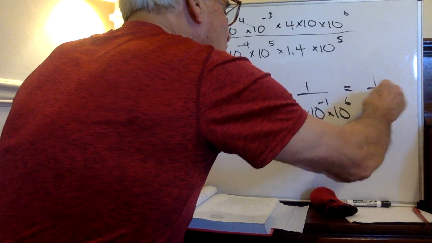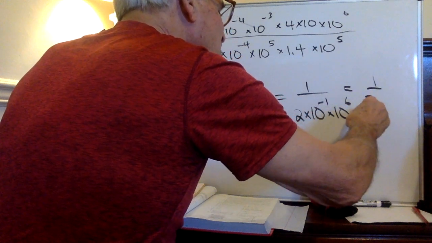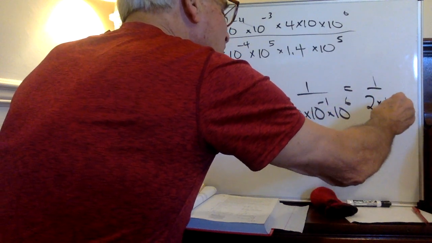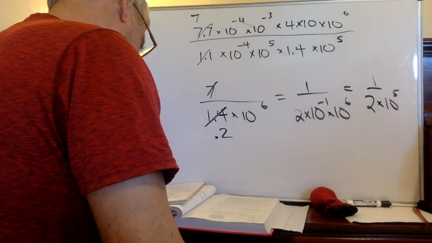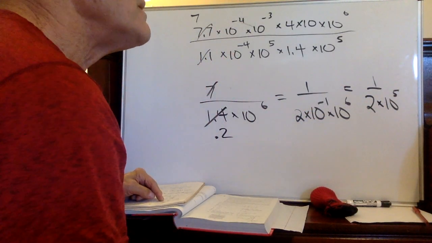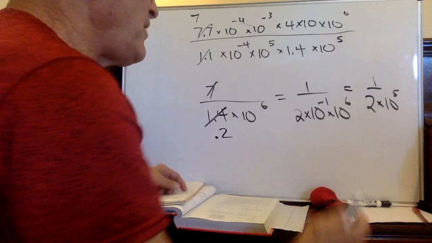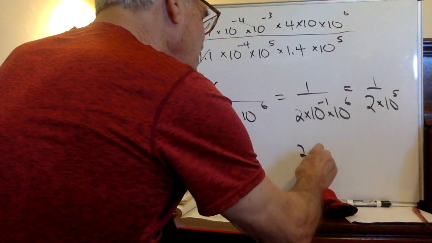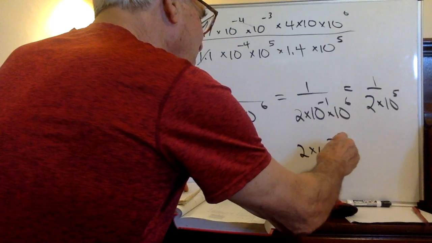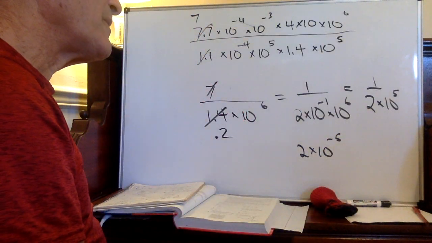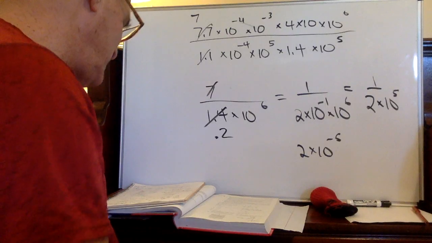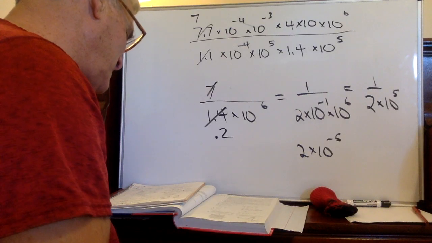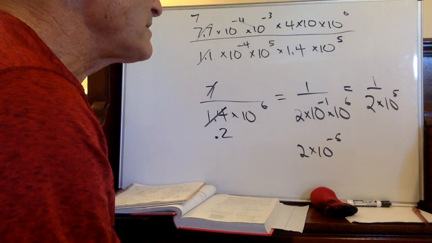So I get 1 over 2 times 10 to the 5th. I can leave it that way, or that is the same as saying 2 times 10 to the negative 5. Okay?